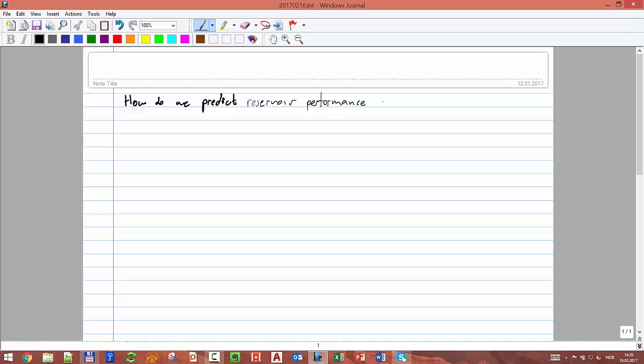How do we predict reservoir performance? And when we say reservoir performance, basically what we want is Q of all the phases, oil, gas, and water, versus time. And also we want the flowing bottom hole pressure, PWF.